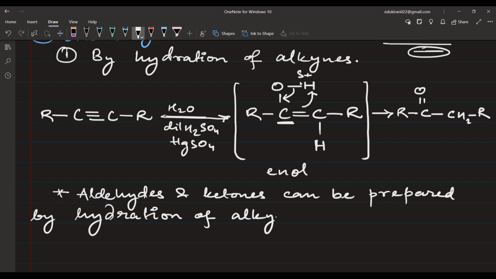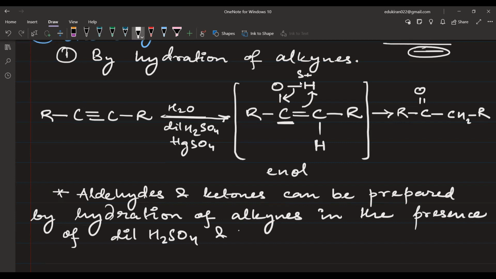Hydration means adding of water. Hydration of alkynes in the presence of dilute H2SO4 and HgSO4.